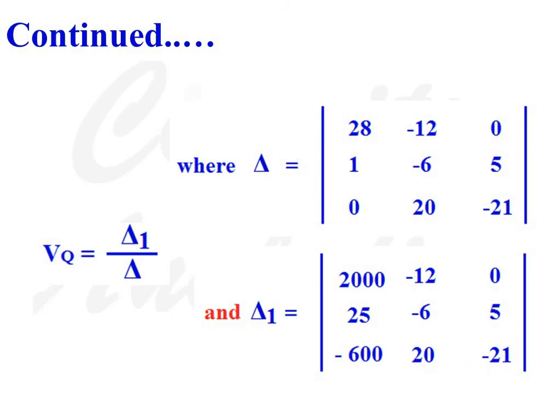Vq is equal to delta 1 by delta, where delta is equal to the determinant of 28, minus 12, 0; 1, minus 6, 5; 0, 20, minus 21, and delta 1 is equal to the determinant of 2000, minus 12, 0; 25, minus 6, 5; minus 600, 20, minus 21.